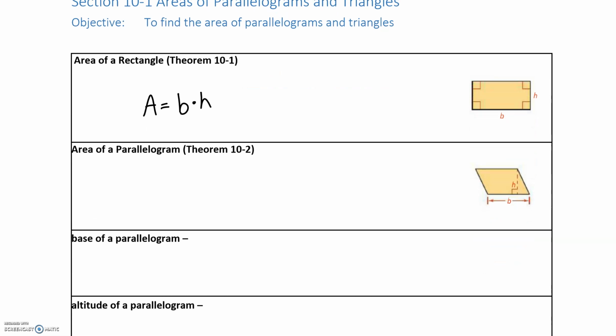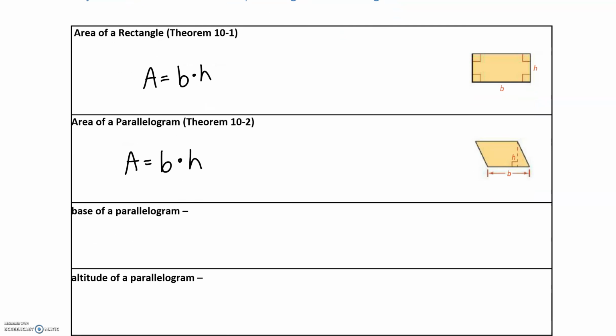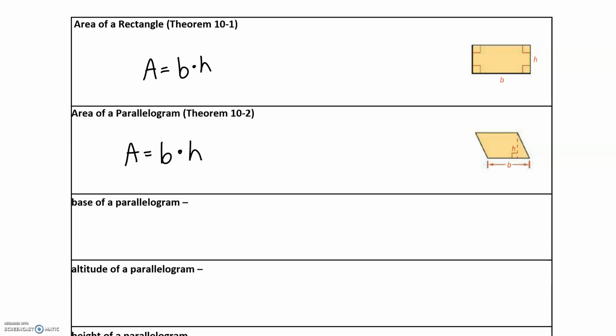It's going to be the exact same thing for our area of a parallelogram. We're going to have area equals base times height. So the base of a parallelogram can be any side. Okay?